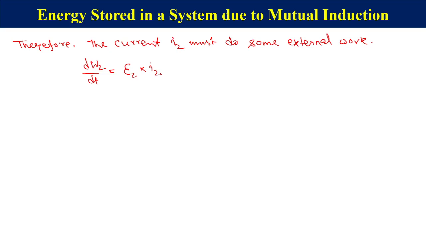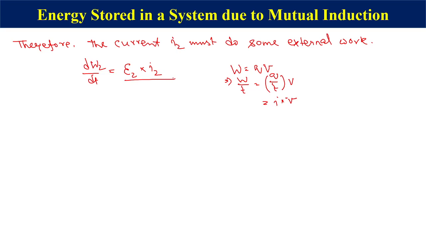Work done is given by Q into the potential difference V. So if you take W upon T, it becomes Q by T into V. Q by T is nothing but the current, charge per unit time, multiplied by the potential difference. Whenever I take the product of charge and the potential difference or EMF, that gives work done per unit time. So that is why the rate of doing work is given by the product of the EMF induced in this second coil multiplied by the current flowing.